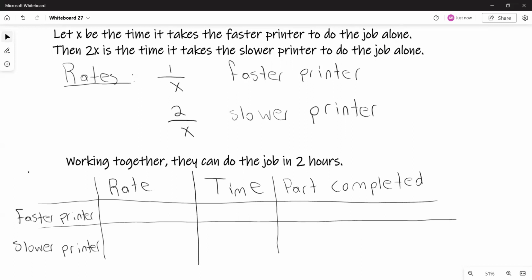The rate of the faster printer is 1 over x. The rate of the slower printer is, actually, that's not 2 over x, that's 1 over 2x. So I'm making a mistake here, that's 1 over 2x.